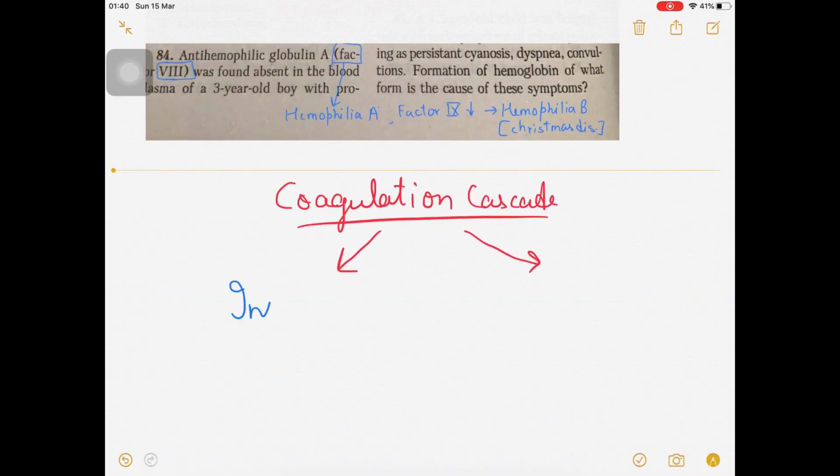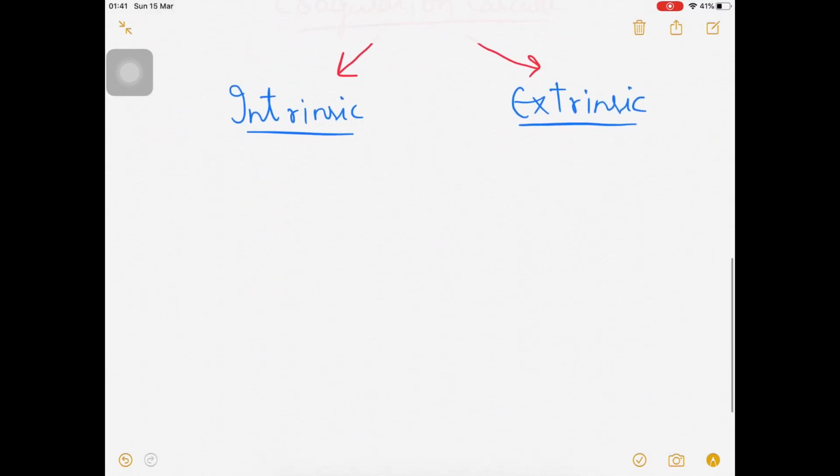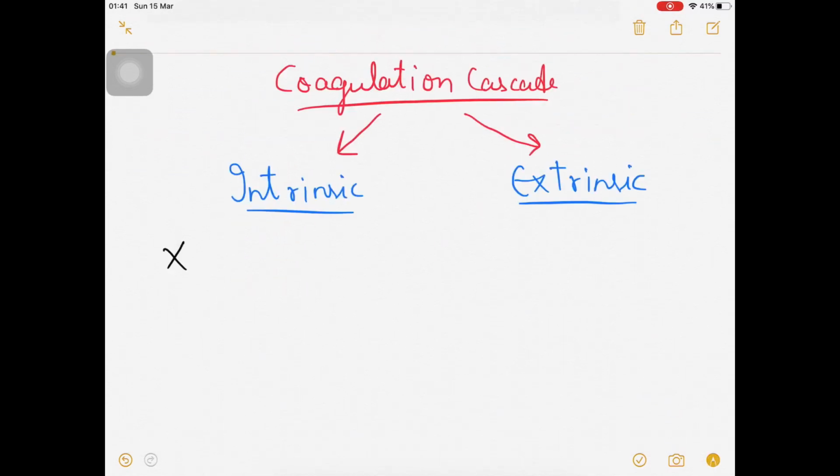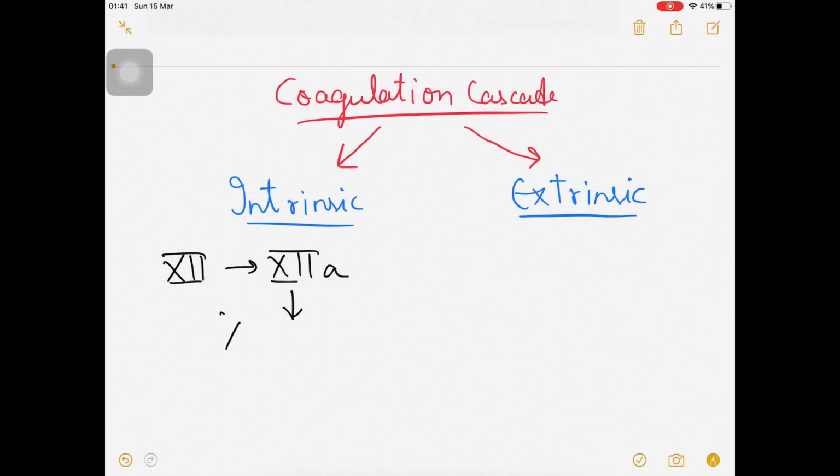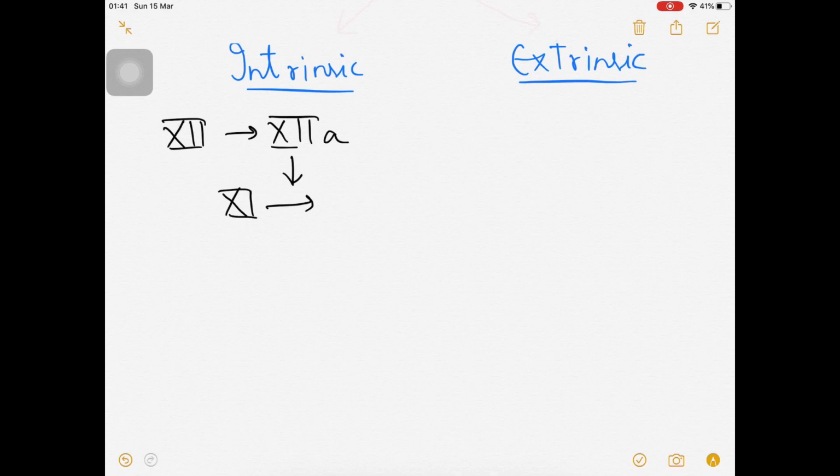Now if you talk about intrinsic, look, 12 converts into 12a, further 12a converts 11 into 11a. 11a converts 9 into 9a, right?